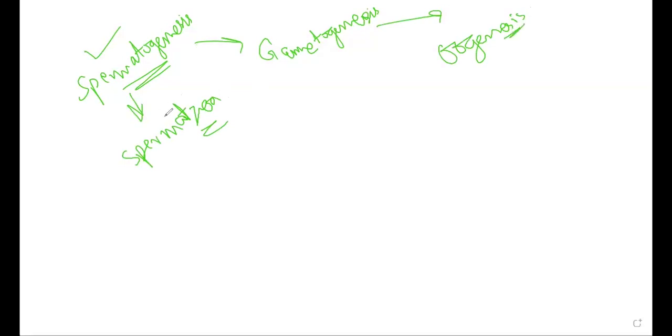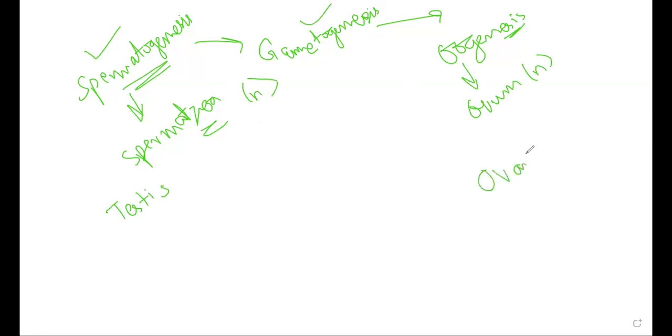Like spermatogenesis is sperm making, in oogenesis the ovum is made. Again, it's a gamete having a haploid number of chromosomes. The sperm also has a haploid number of chromosomes. So what is all this process known as? It is known as gametogenesis. On one side, the testes are the major reproductive structure, the primary sex organ, and on the other hand, we have the ovary.